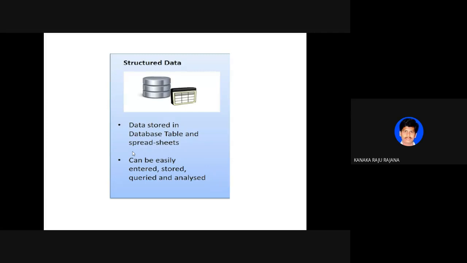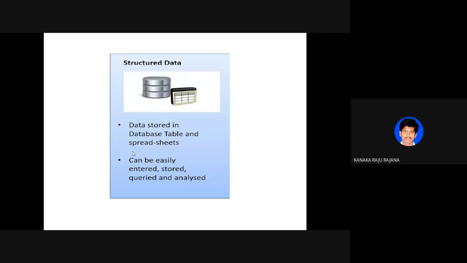Now, if you see the example for structured data: data stored in database tables and spreadsheets. The most important thing is that you can easily enter the data, store it, and run a query for your respective question, meaning you can analyze the data right there. Let me tell you one simple example.